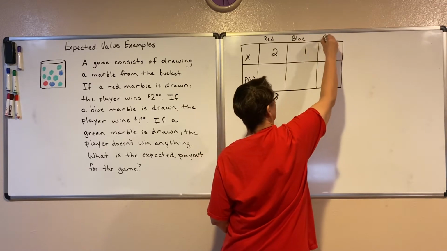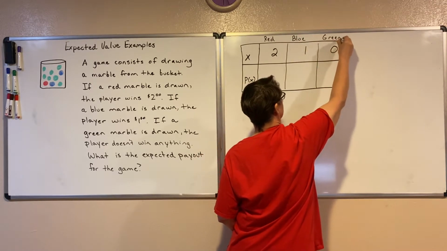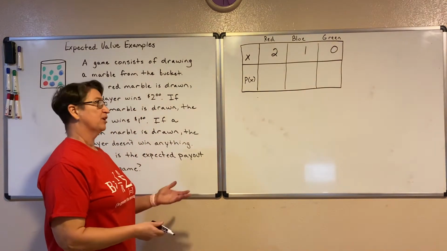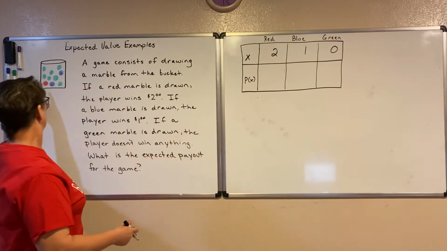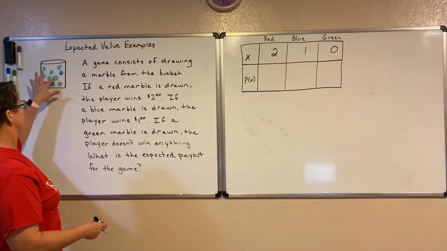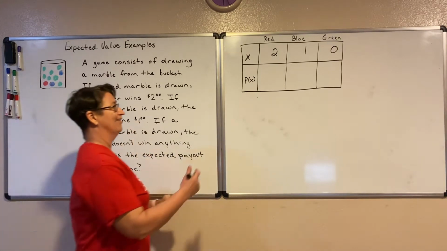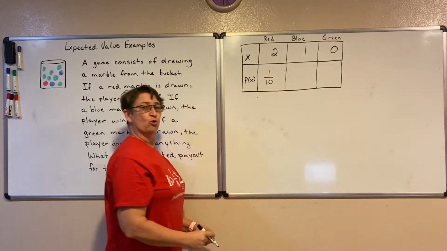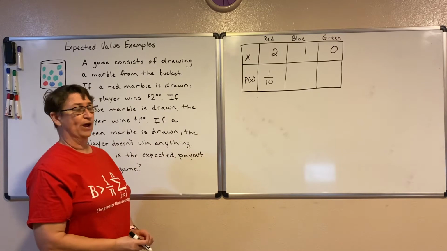And to pay out 0 would be a green. So let's look and see what is the probability that a player gets a red. Well, it's one marble out of 1, 2, 3, 4, 5, 6, 7, 8, 9, 10. So 1 out of the 10 marbles is red. Or it's a 1/10 chance that they get the red.